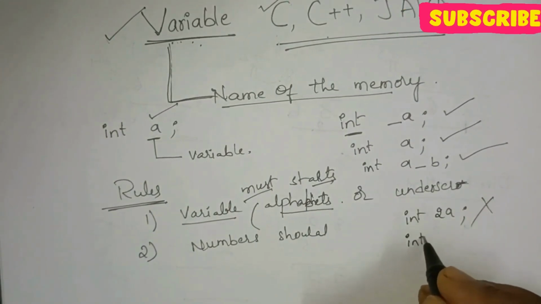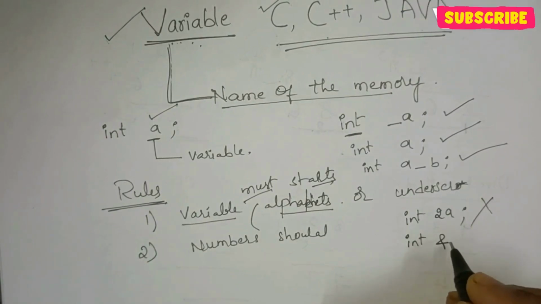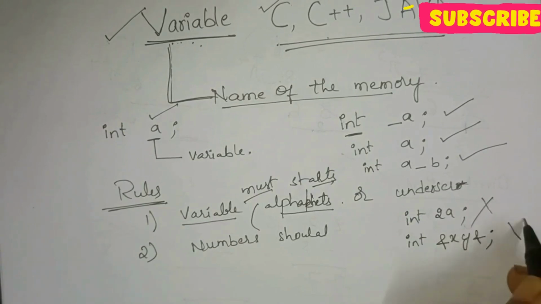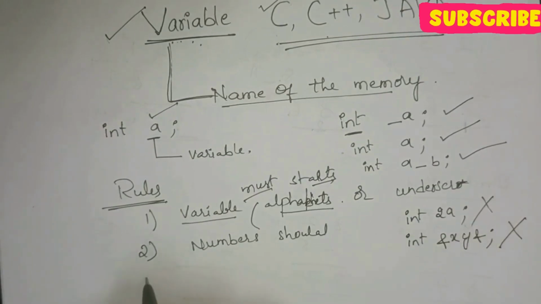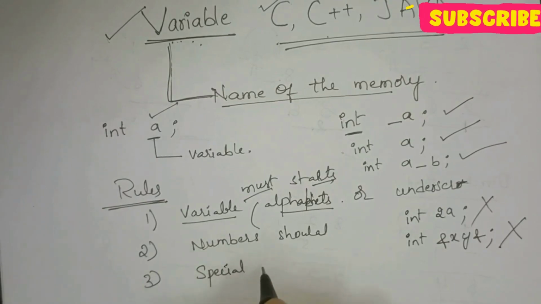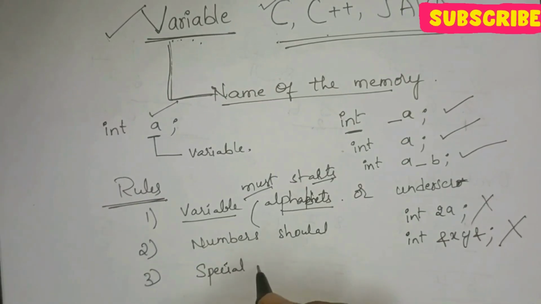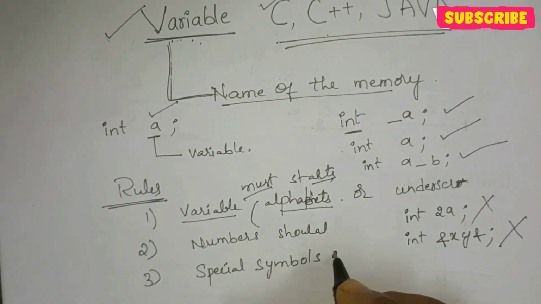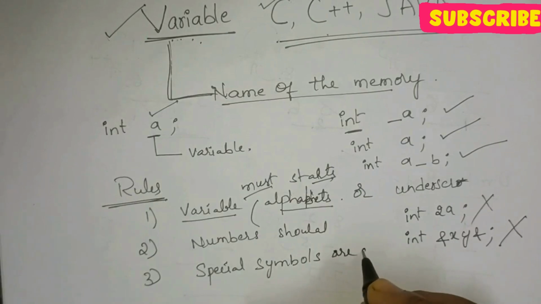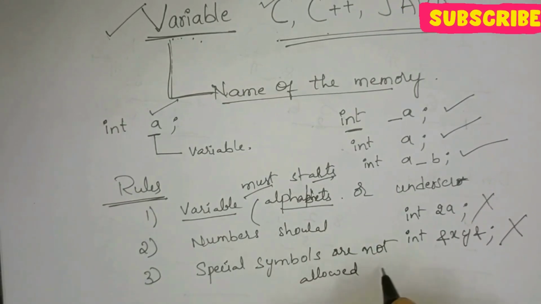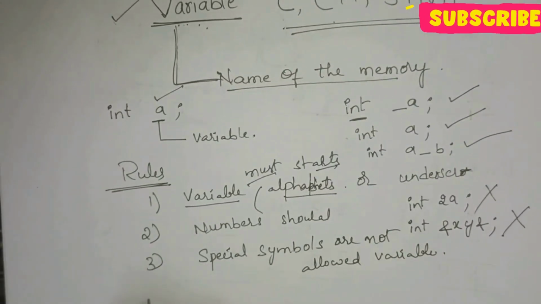And int with an ampersand, x y ampersand, is also not valid, because special symbols are not allowed in variables, except underscore. This is also one rule we have to remember while declaring a variable.